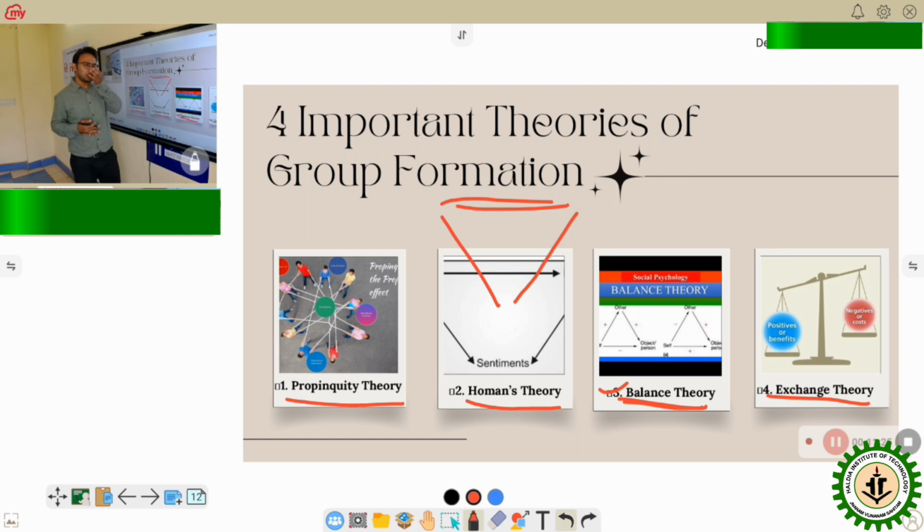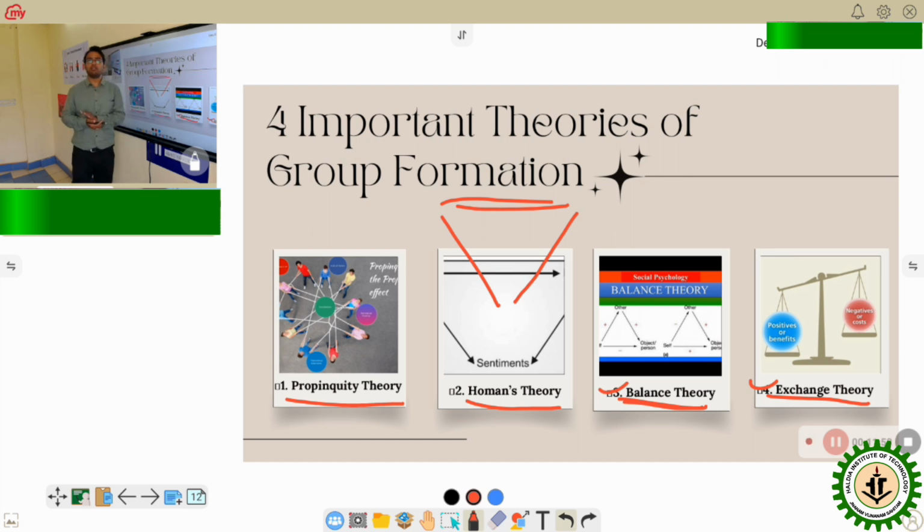In the exchange theory, people exchange benefits from each other. This theory is also given by Homans, and these are the four theories of informal group. So for formal group there is a 5-stage model, and for informal group there are four theories: propinquity theory, Homans' theory, balance theory, and exchange theory.